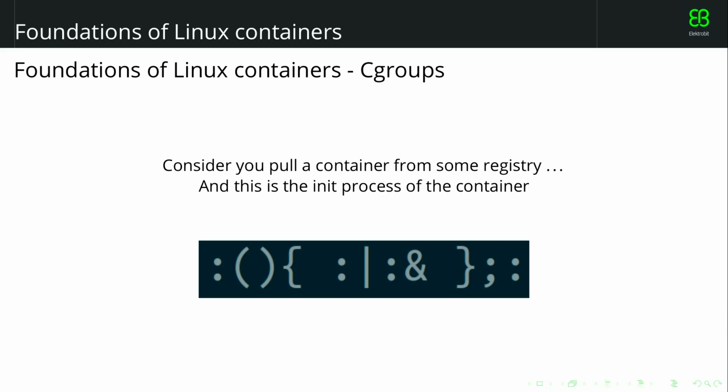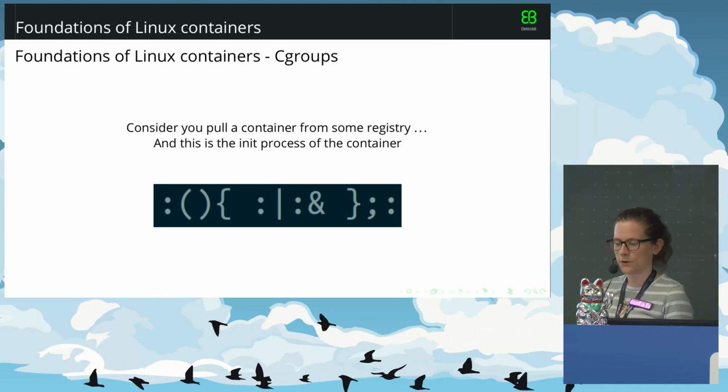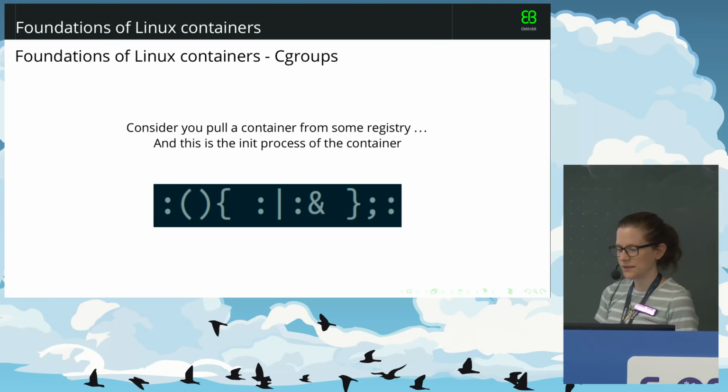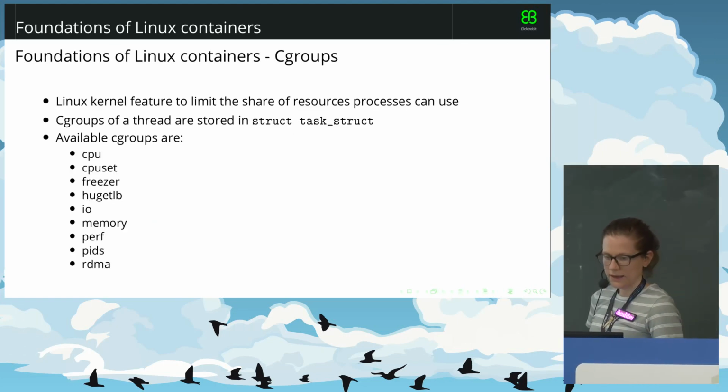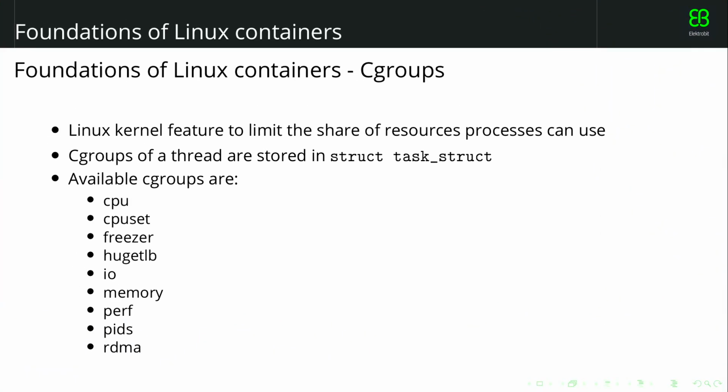Funny people might implement funny containers, and we don't want to give them all our CPU power for their funny stuff. So here C group comes in, and with C groups we can limit processes further.